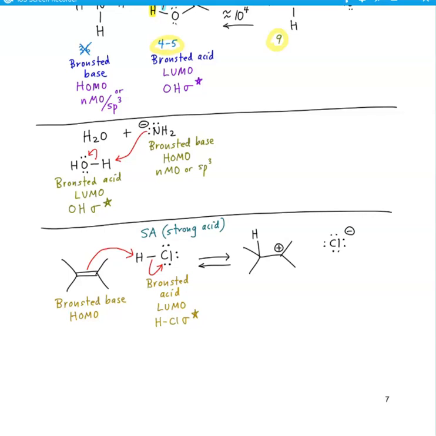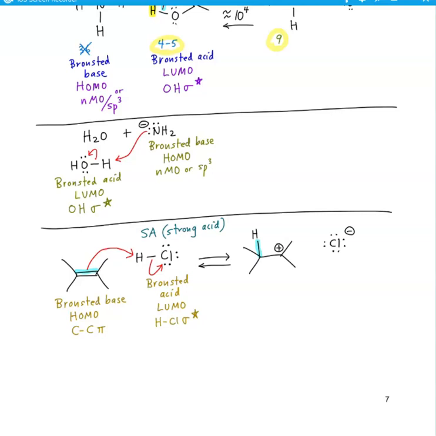The alkene gets converted to a carbocation, and what's missing from the original alkene is the pi bond. So what we did was we used the pi electrons to accept the proton. So these electrons here are the same as these ones in the product. So the HOMO in this case is the CC pi orbital.